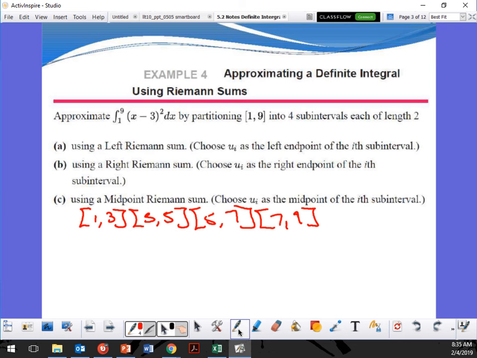Okay, so let's go ahead and do this. For this one right here, my delta x is still 2, right?